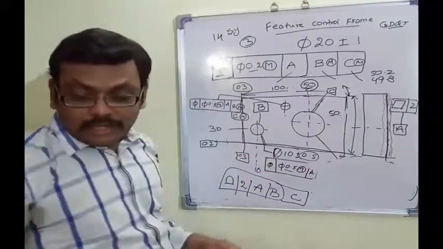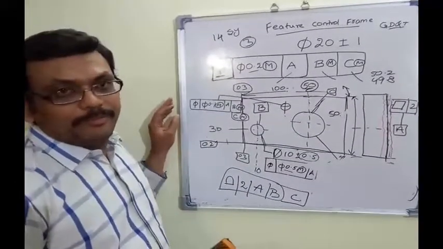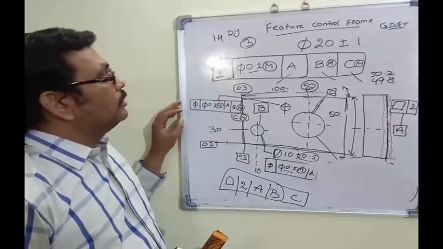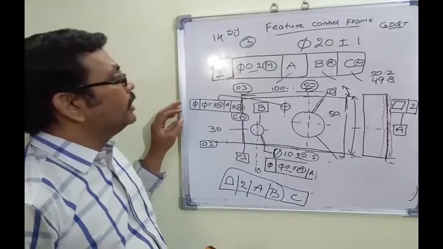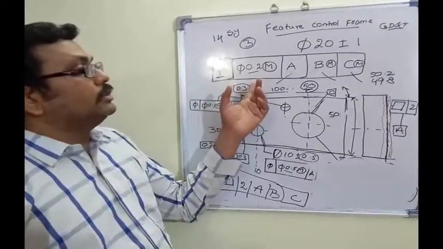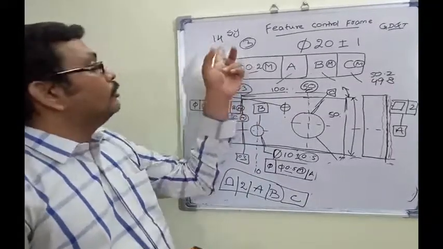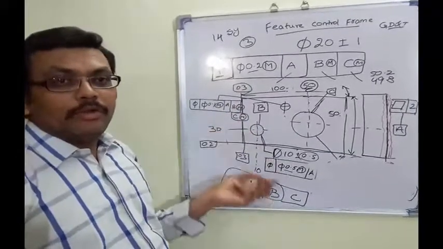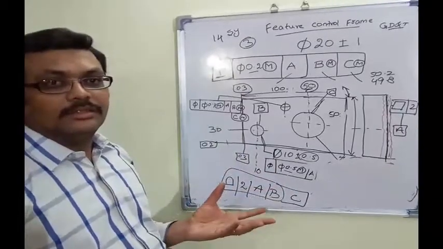So this is about the feature control frame. Right? Hope you understand about this feature control frame, and this is used for all the symbols, all the 14 geometric symbols: form, orientation, profile, runout, and location.